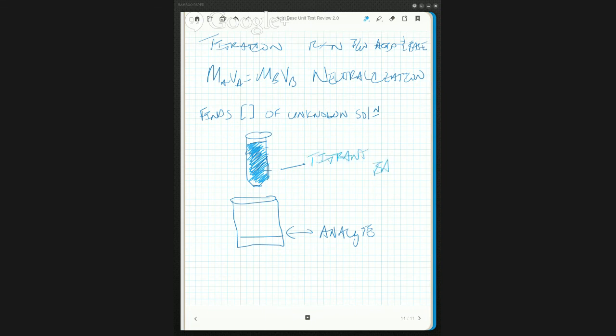Maybe this is your base, just like in our lab, and your analyte, we're going to call that your acid. It's in here, okay? And you are using that to determine, so you usually know what is known up here.